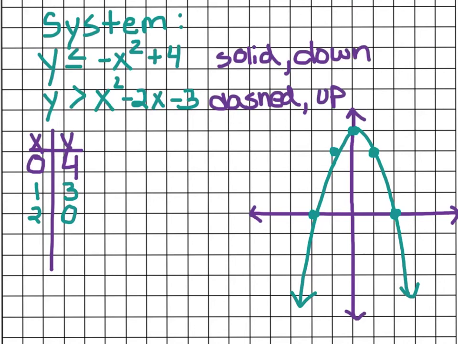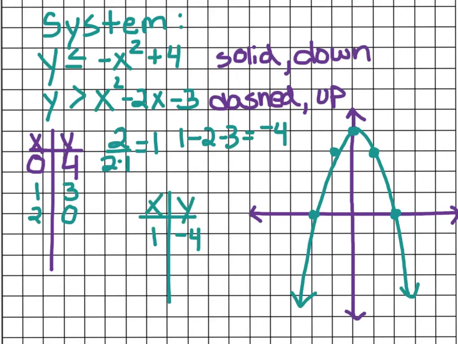So on the other one, negative b over 2a gives me 1. And if I plug in a 1, I have 1 minus 2 minus 3, which is negative 4. So our vertex is at 1, negative 4, and our axis of symmetry is at x equals 1.